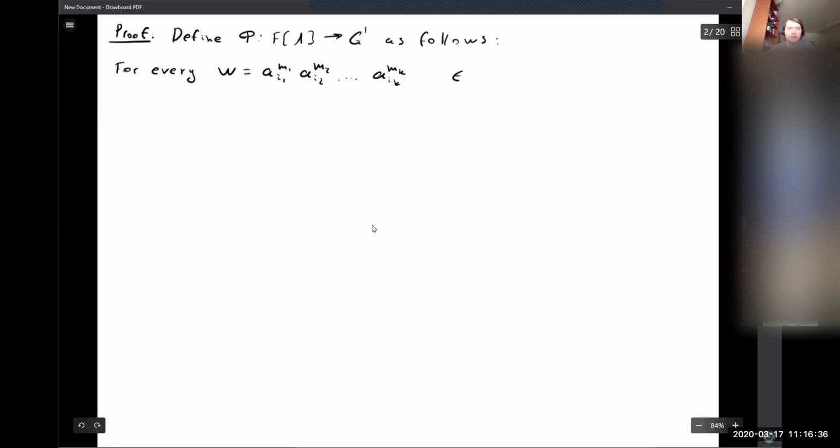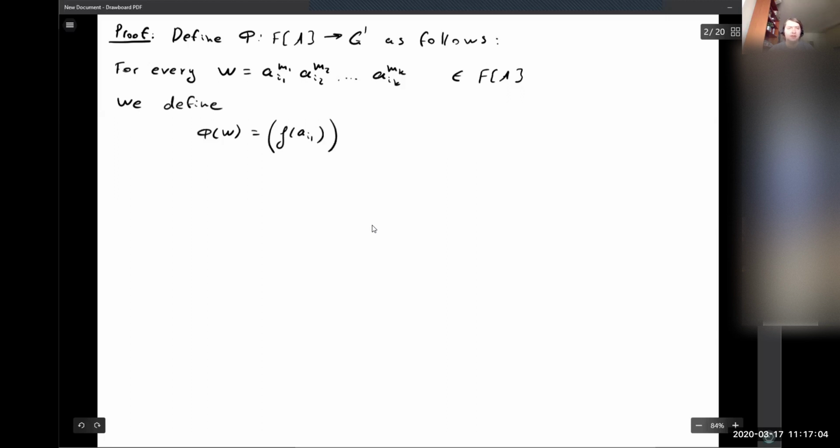So that's in F(A). We define phi of w to be the following. So we take f of a_{i1}. So that's an element of G prime, right?